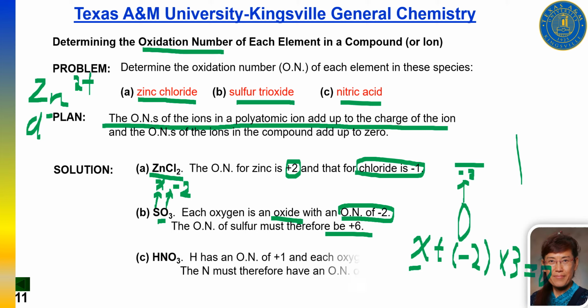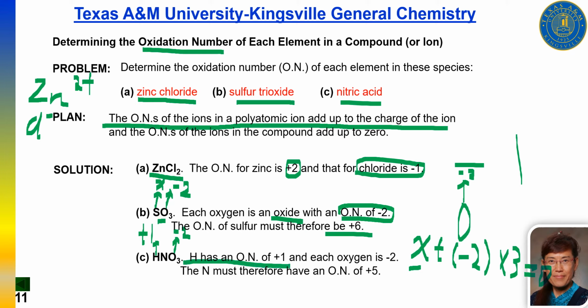The third one is nitric acid. In nitric acid, your hydrogen, in most cases, has oxidation number +1. Your oxygen, if we didn't specify it, consider it -2.